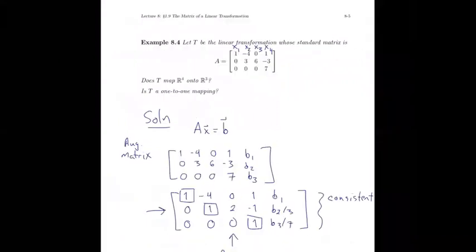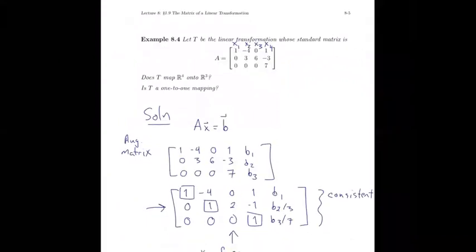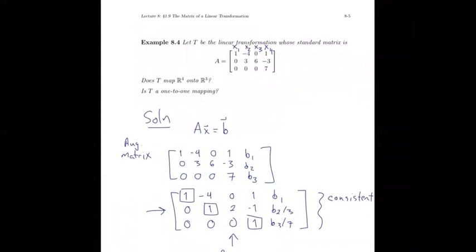So remember that when we're talking about a 1-to-1 mapping or an onto mapping, we're really asking a question about AX equals B. A being the matrix of the transformation T, in the case of onto we're asking, for every B in Rm, can we find an X that solves this system?